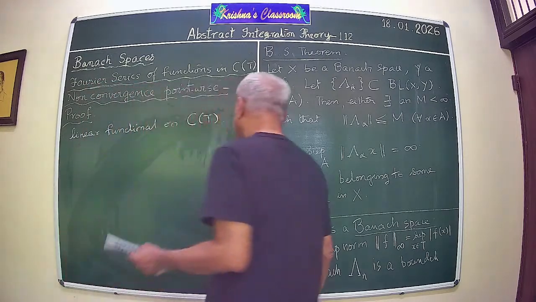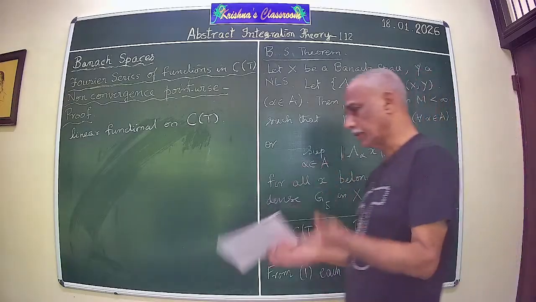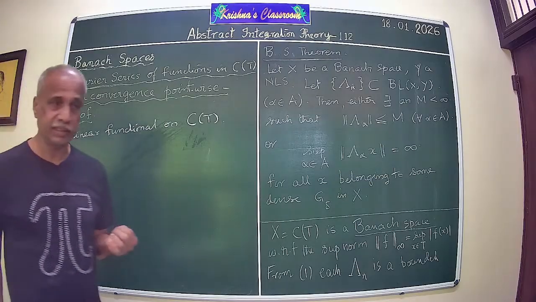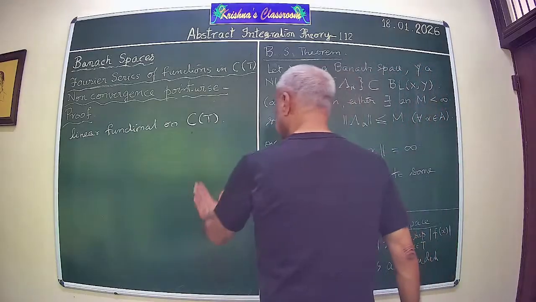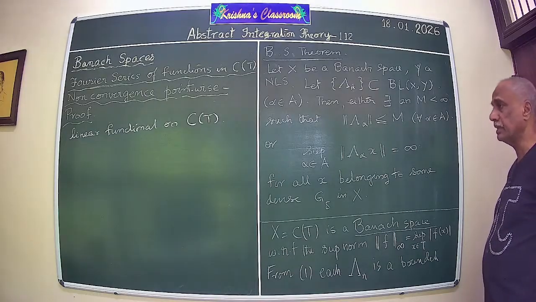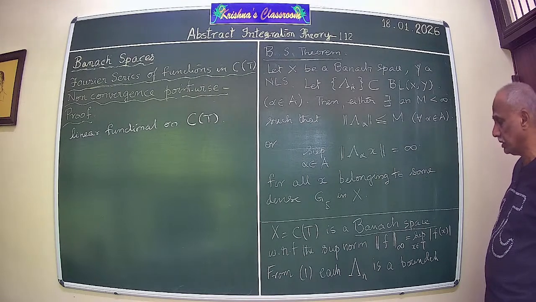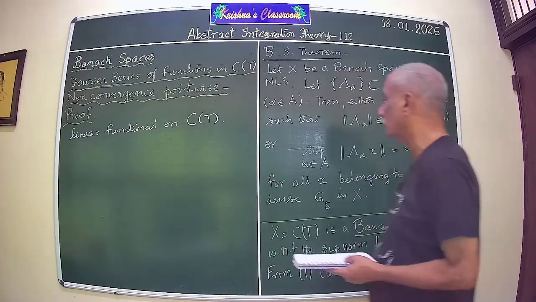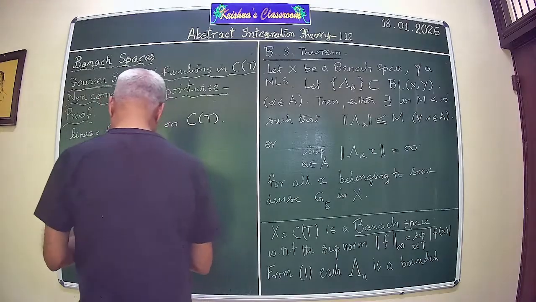This means that we are taking Y to be equal to either R or C depending on what field we are taking. If we are working on complex valued functions, then we are taking C. Otherwise, it is R. But now you easily see that this is from 1. We have seen that from the definition of lambda n, this is a bounded linear functional.